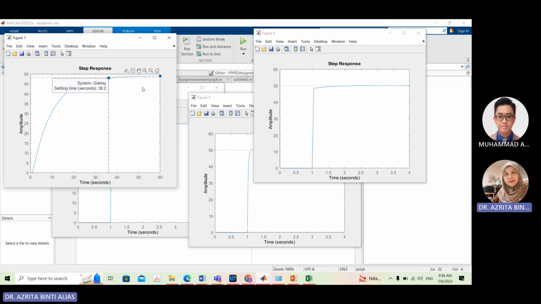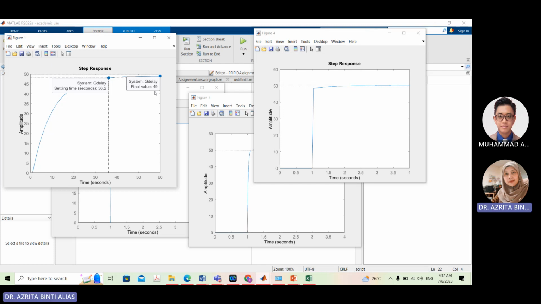So settling time and the final values. But I want you to find the value of ESS. How to find the value of ESS? So use this formula: 50 minus final values. Kenapa 50?